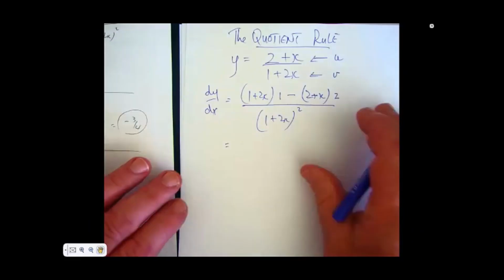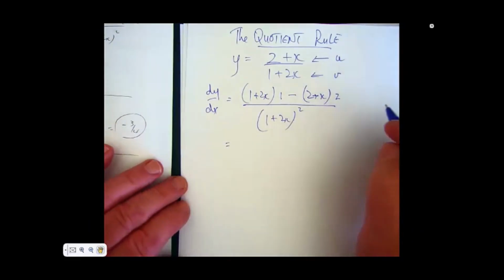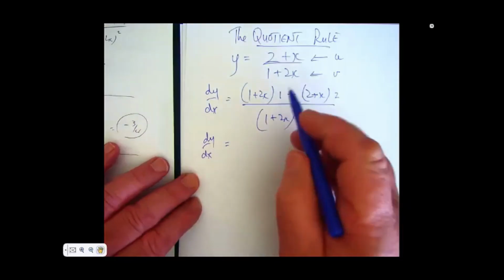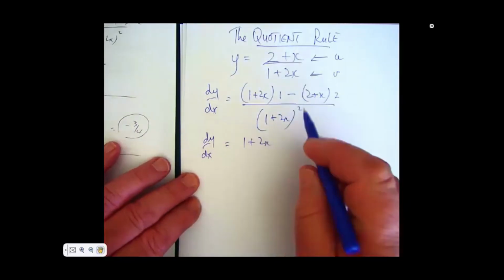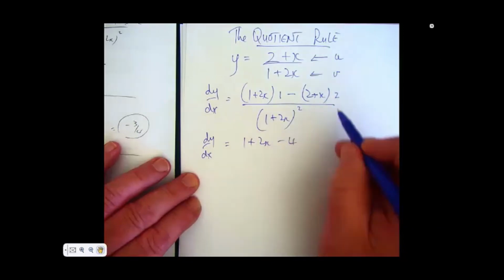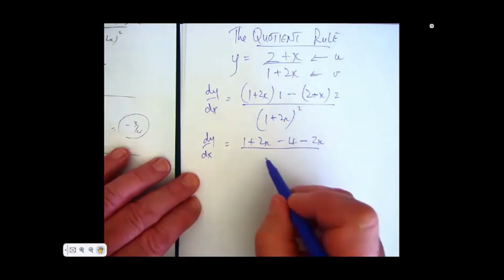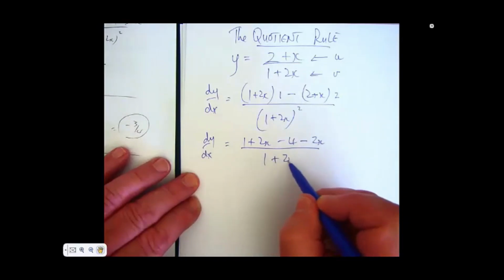Simplifying the numerator here, the top part, we can write this down. Now 1 plus 2x times 1 is just 1 plus 2x. Minus this is going to be minus 2 2's are 4, minus x times 2 is minus 2x, all over (1 plus 2x) squared.